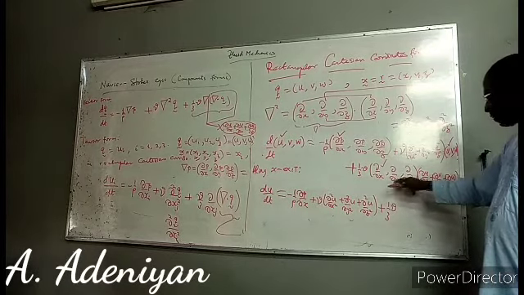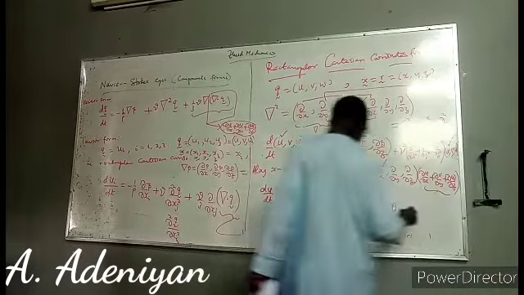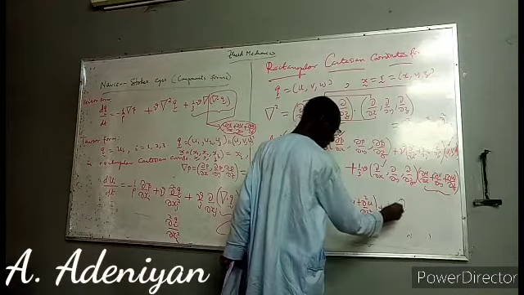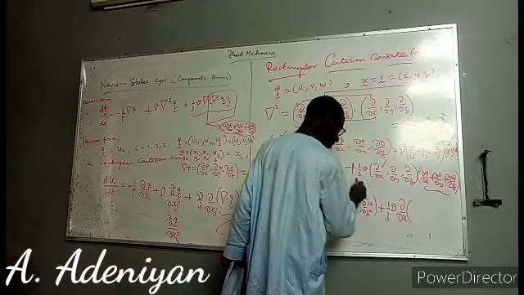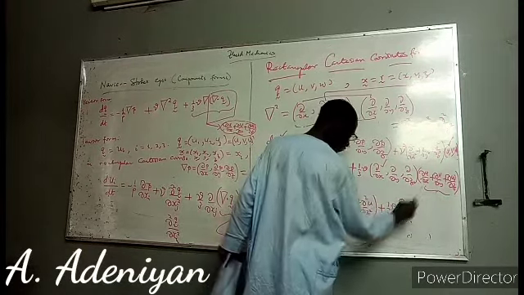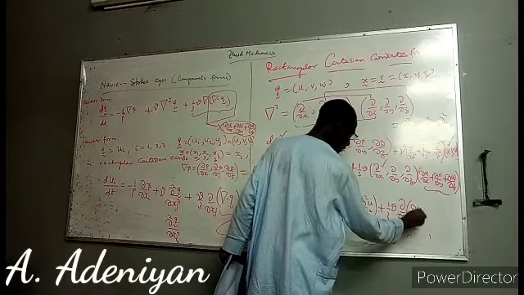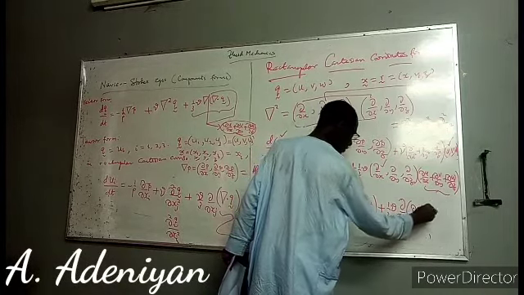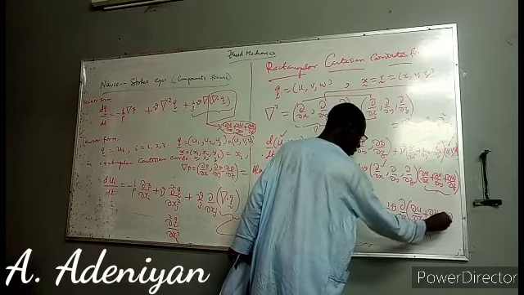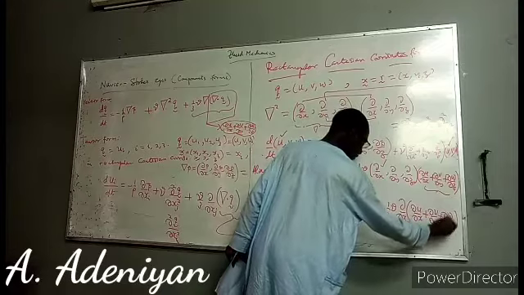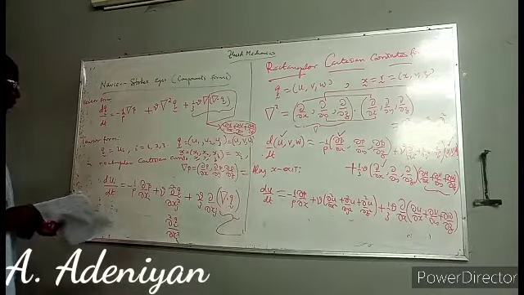I've not yet taken the component of this side, but this one is what this one acts upon. So that means I have ∂/∂x of ∂u/∂x plus ∂v/∂y plus ∂w/∂z.